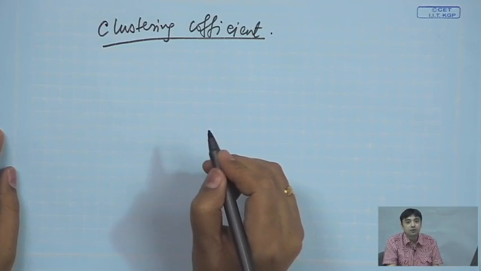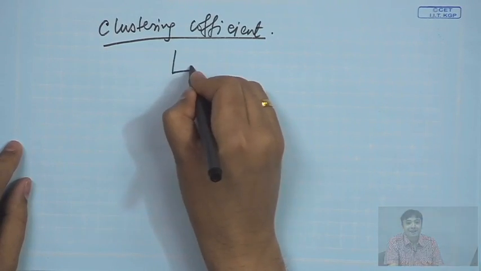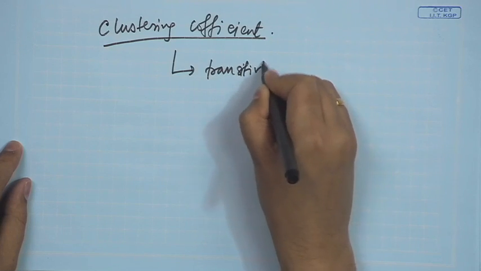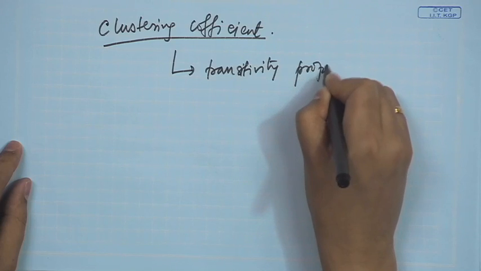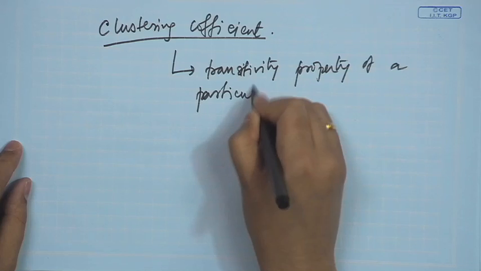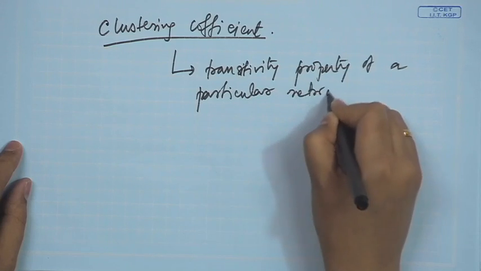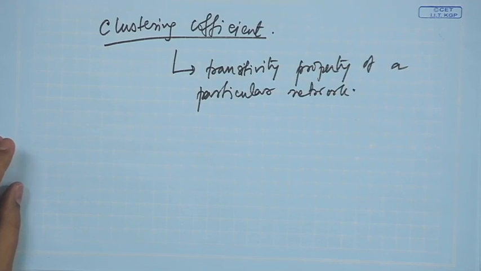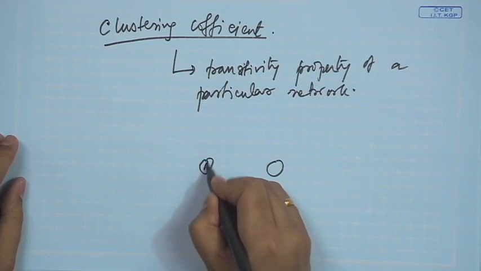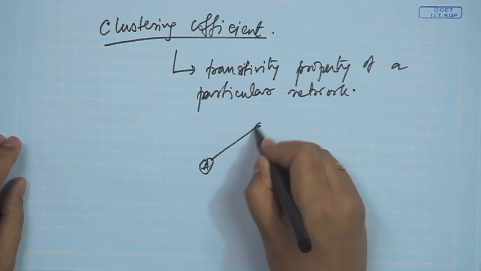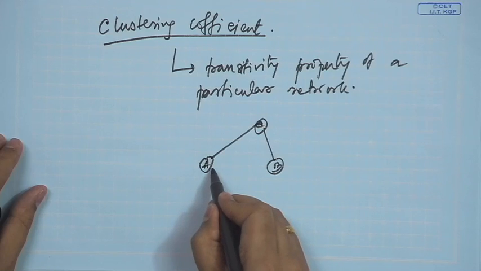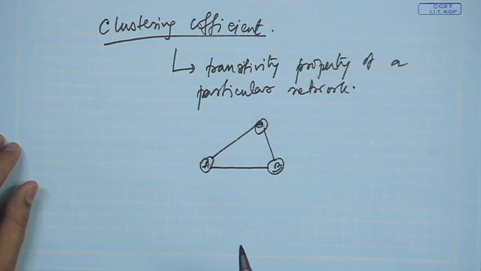So, the clustering coefficient actually comes from the transitivity property of a particular network. The idea is very simple: if there are two nodes in the network, say A and B, having a mutual friend, say C, then there is a high probability that A and B are also friends in the social network.